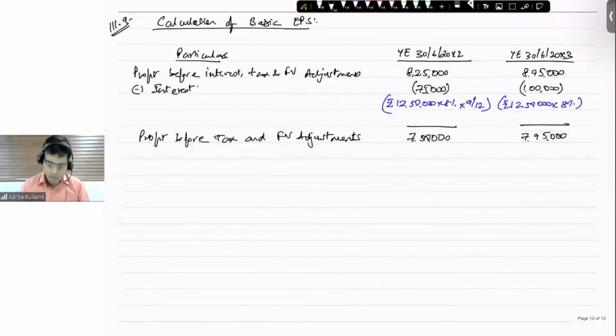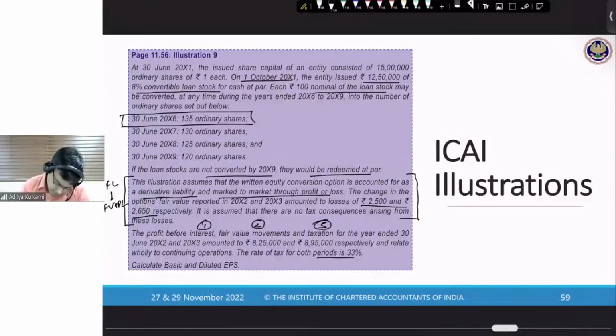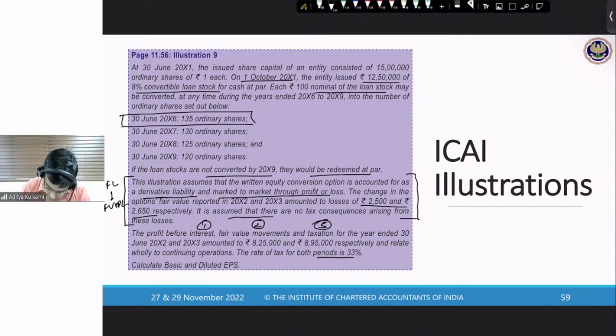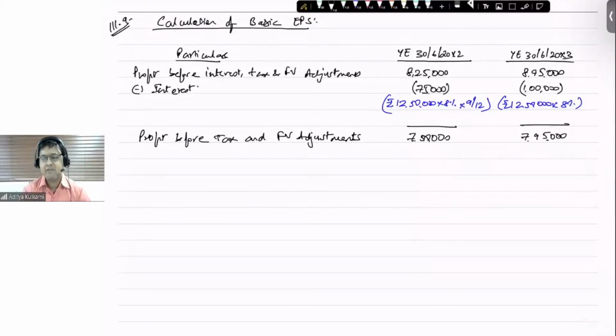Okay, now if you look at the question, the change in the options fair value is given. It is assumed that there are no tax consequences. That means it is neither tax deductible. There is absolutely no tax impact. So we will first give the tax impact on 7,50,000 and then we will give the impact for the fair value loss.